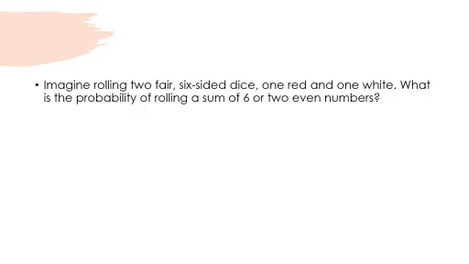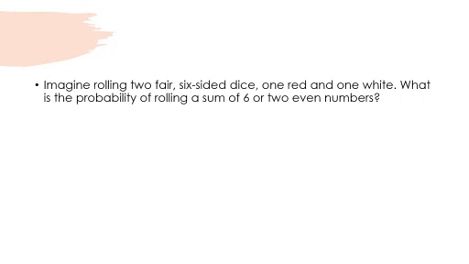Okay, so a sum of 6 or two even numbers. With this one, we have to look at whether they are mutually exclusive. The answer is no, they are not mutually exclusive, because you have an overlap.